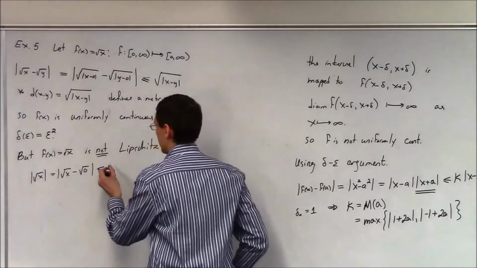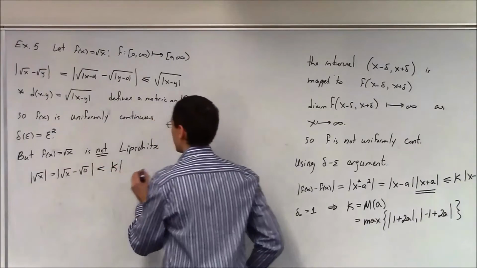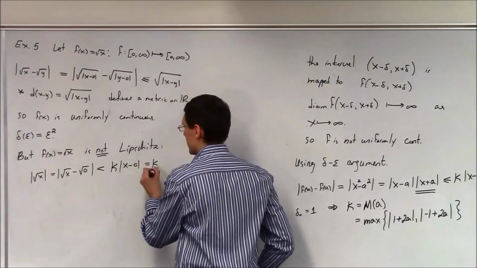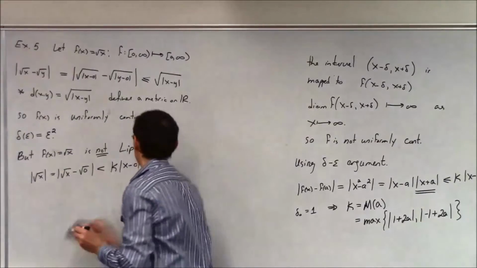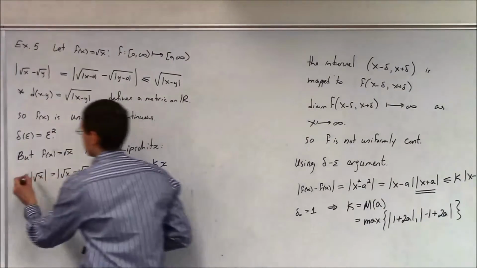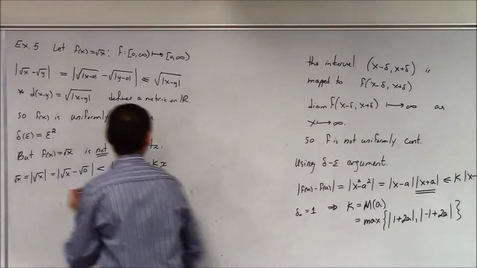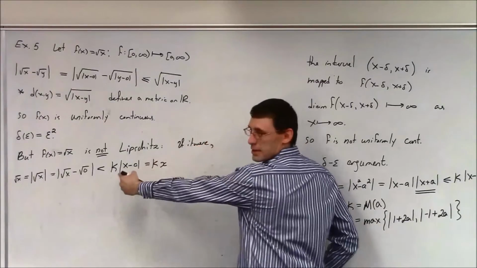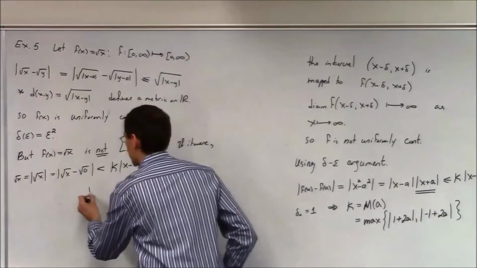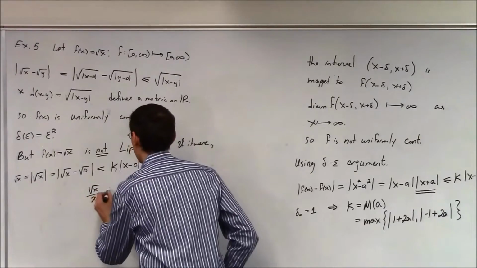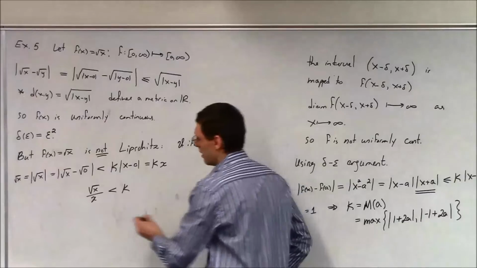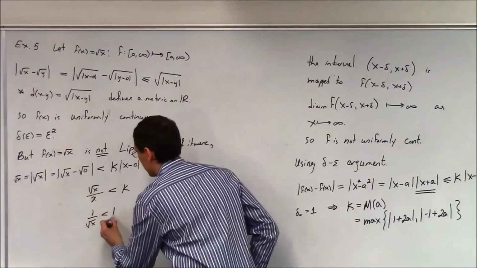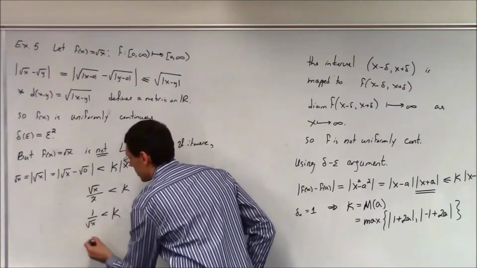If it were Lipschitz, that would be less than some k times x minus 0, which is basically some k times x. Then this will follow. But then what you can do is take root of x divided by x, which would be less than k. But this is just 1 over root of x. It's supposed to be less than k. But this guy grows to infinity.